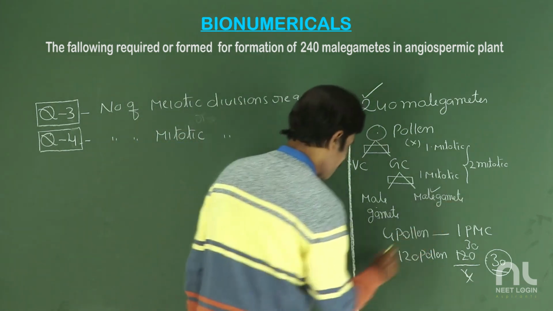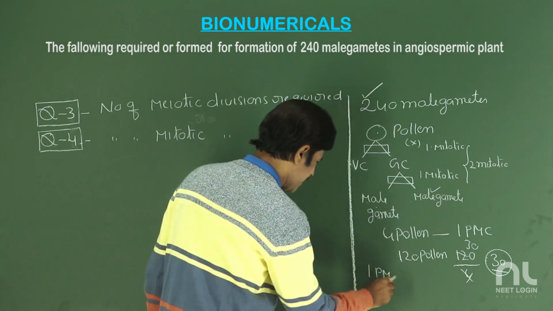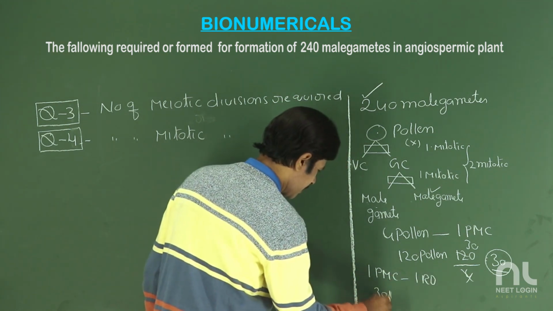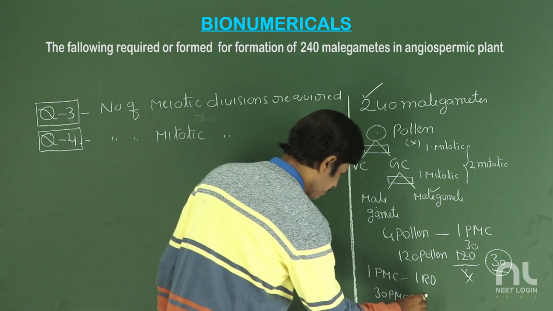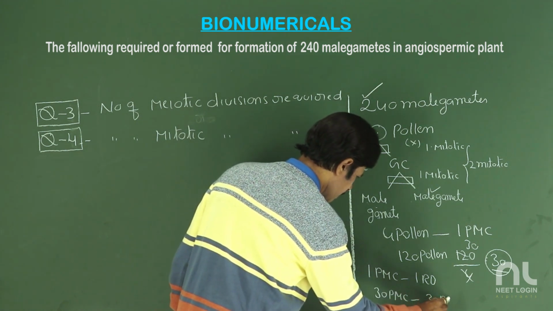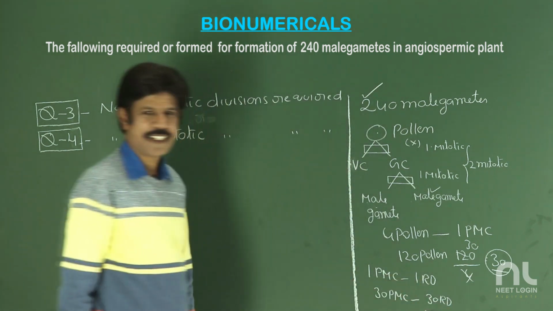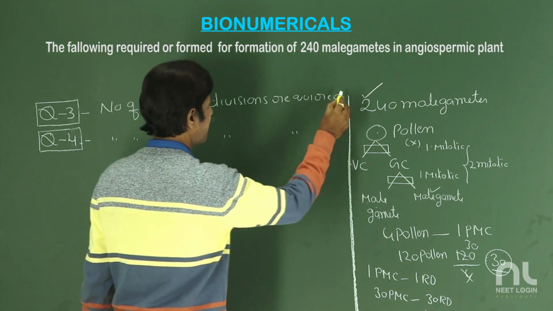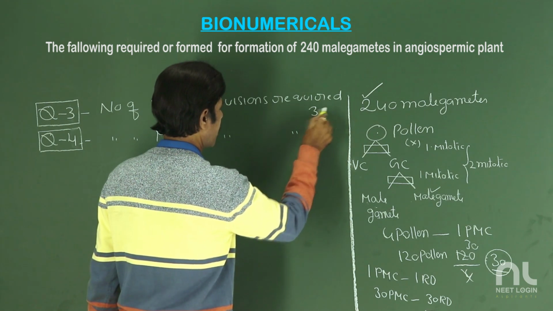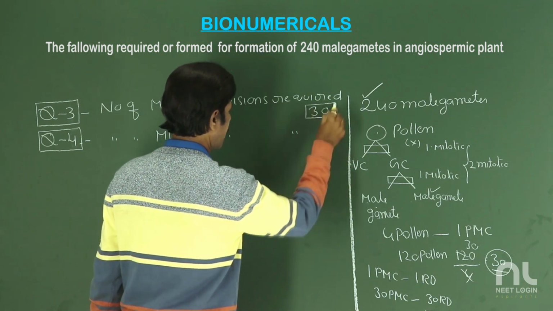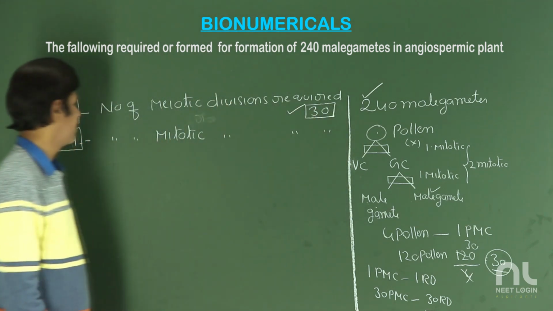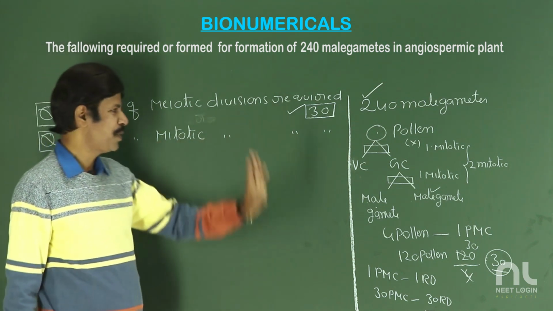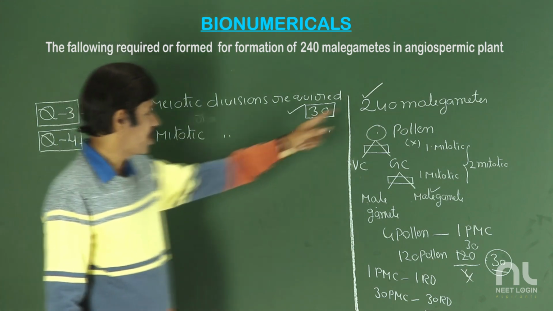So the number of meiotic divisions required is 30.